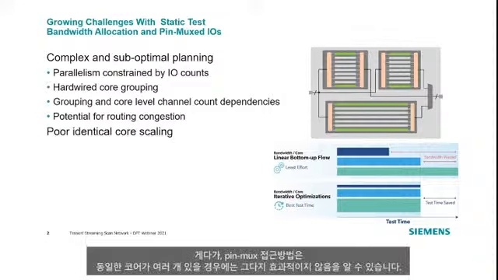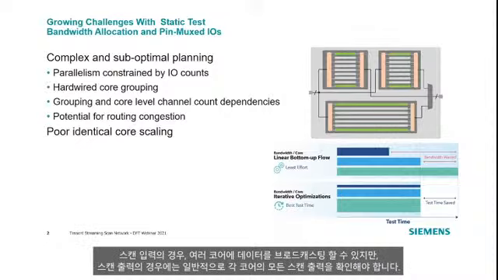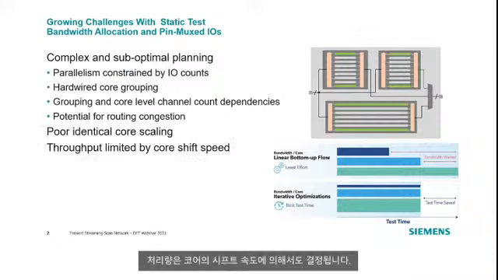Furthermore, we also see that the pin-muxed approach is not very effective when we deal with large numbers of identical cores. You can broadcast the scan inputs to multiple cores, but typically you have to observe all of the scan outputs for all of the cores. And there are also some challenges associated with multiple different pipeline stages, different numbers of pipelines for different cores. The throughput also is determined by the core shift speed.